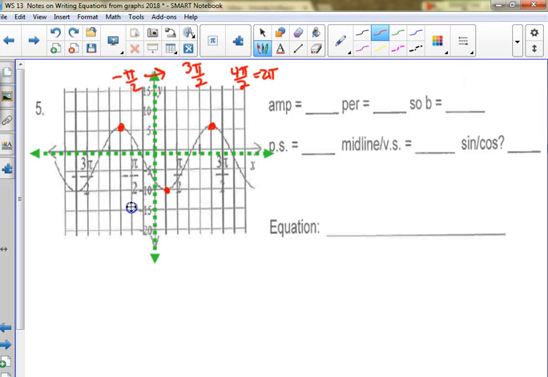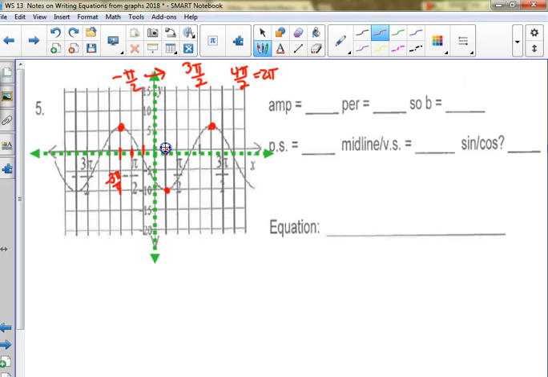Now, we could, for fun, figure out what this is. If they're counting by pi, what? I am so confused. Okay. This is pi over 4. This is pi over 2. This is 3 pi over 4.